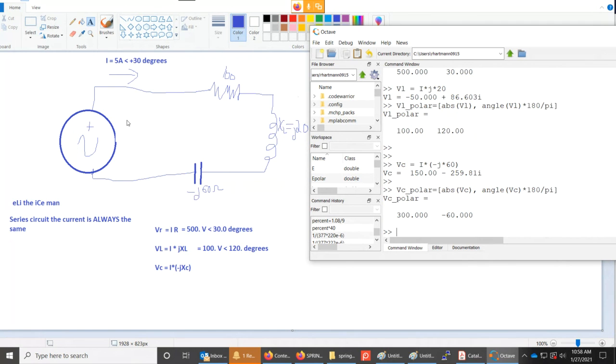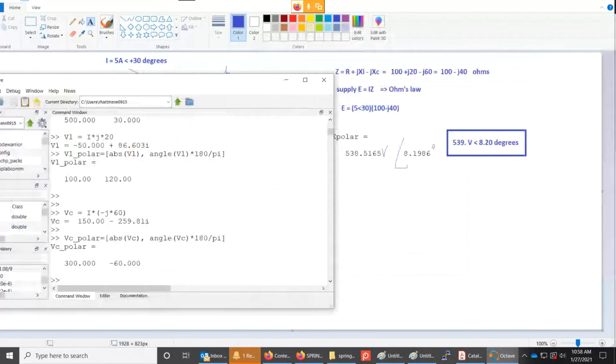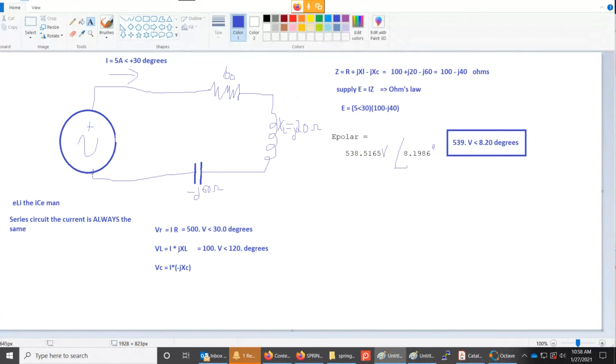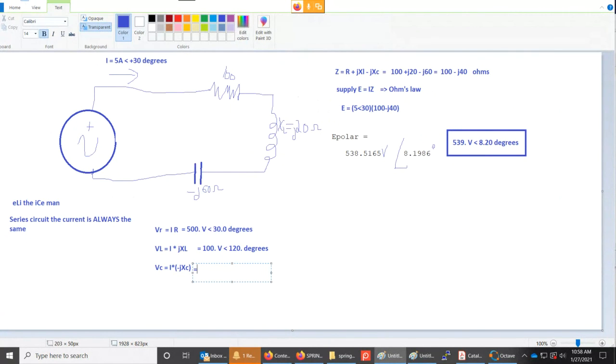And that is 300 volts at an angle of minus 60 degrees. So that's going to be equal to 300 period volts at an angle of minus 60 degrees.